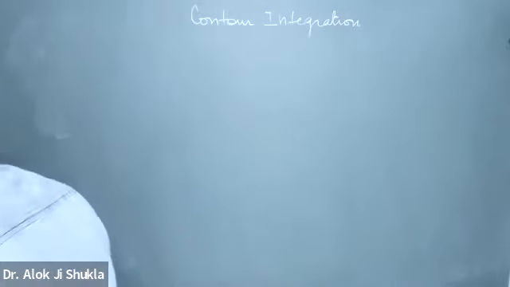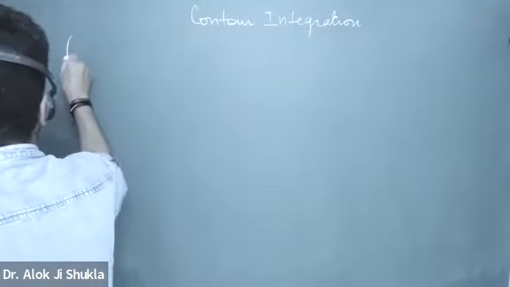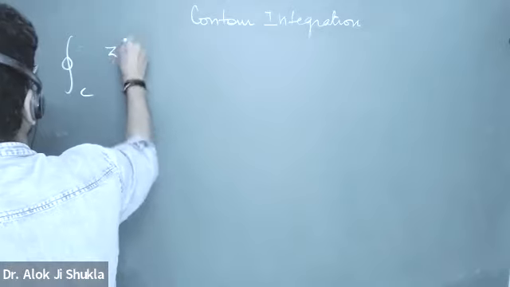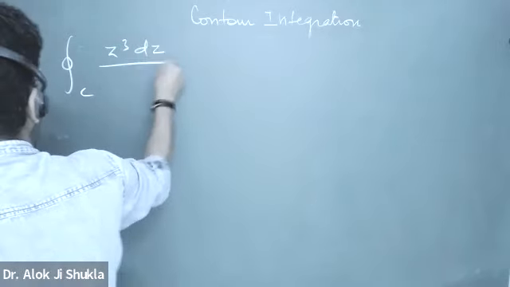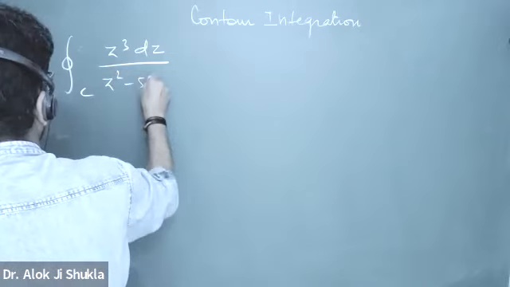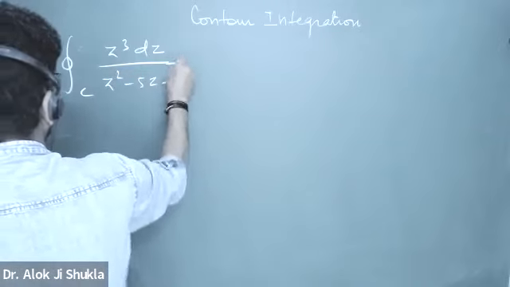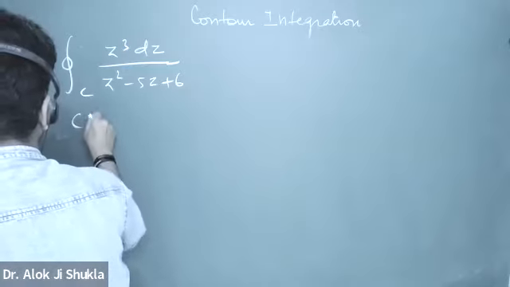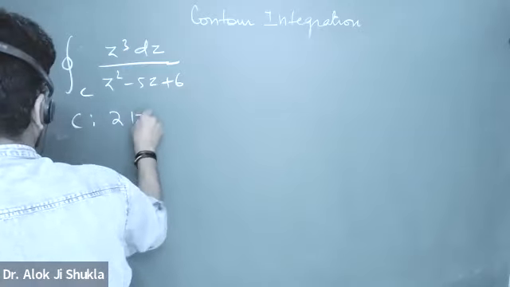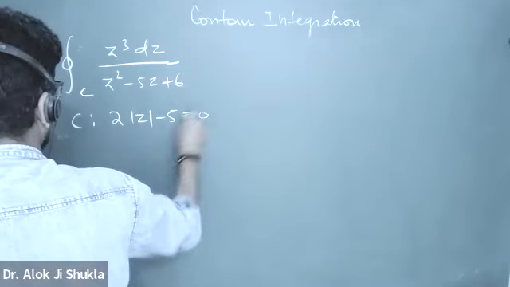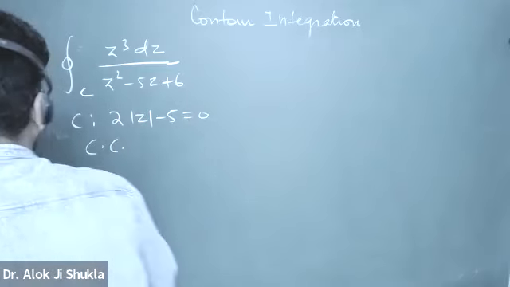Next one is like this. Closed integral over C of z cube dz upon z square minus 5z plus 6, and the contour is a closed contour 2 mod z minus 5 is equal to 0, counterclockwise.